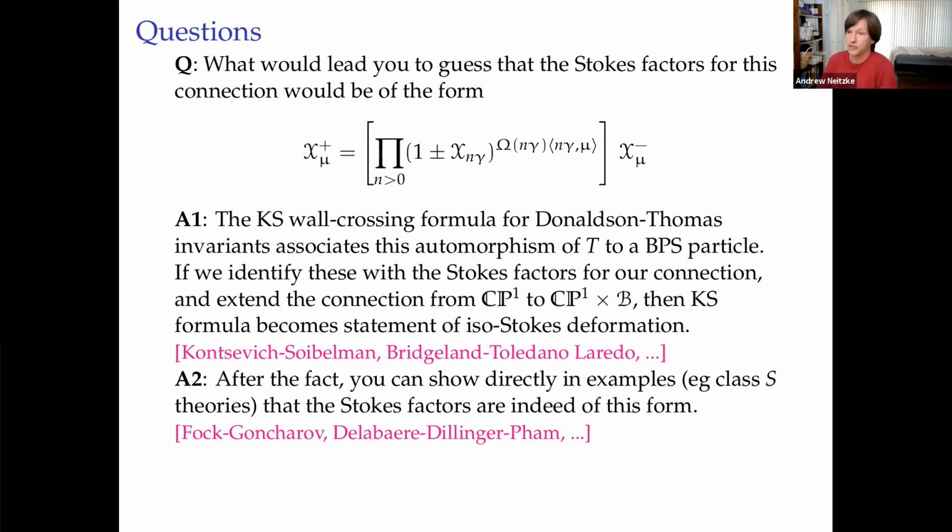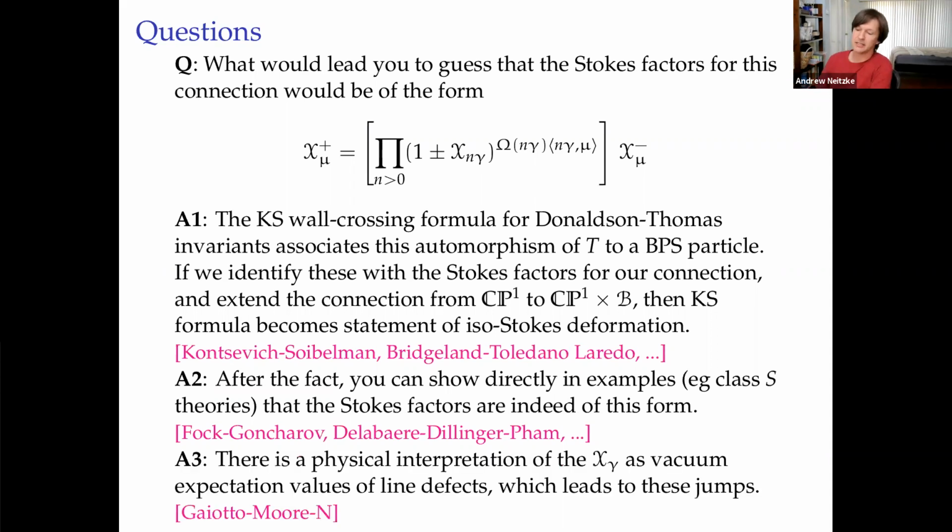And in those examples, you can show directly that the Stokes factors are of this form. That essentially goes back to the exact WKB theory. And I think in that context, this formula is sometimes called the Delabaere-Dillinger-Pham formula.